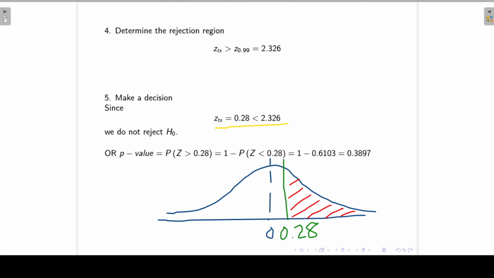And again, you can find this p-value by making use of the standard normal tables, or you can use statistical software like Excel to find that probability.